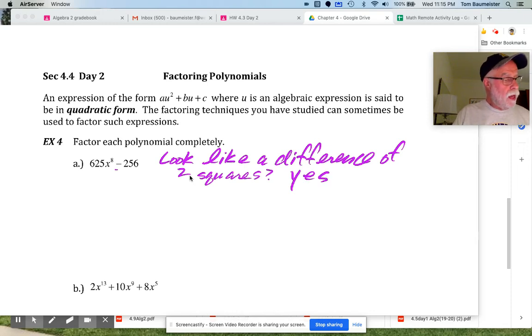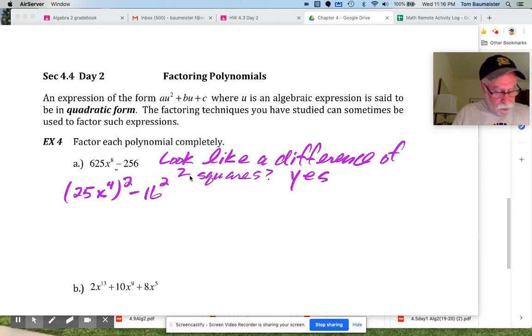I know that 625 is 25 times 25. So I can write that as 25 times x to the fourth, remember, a power raised to a power, and all of that is going to be squared. And I know that 256 is 16 times 16. So as you can see, it is a difference of two squares.